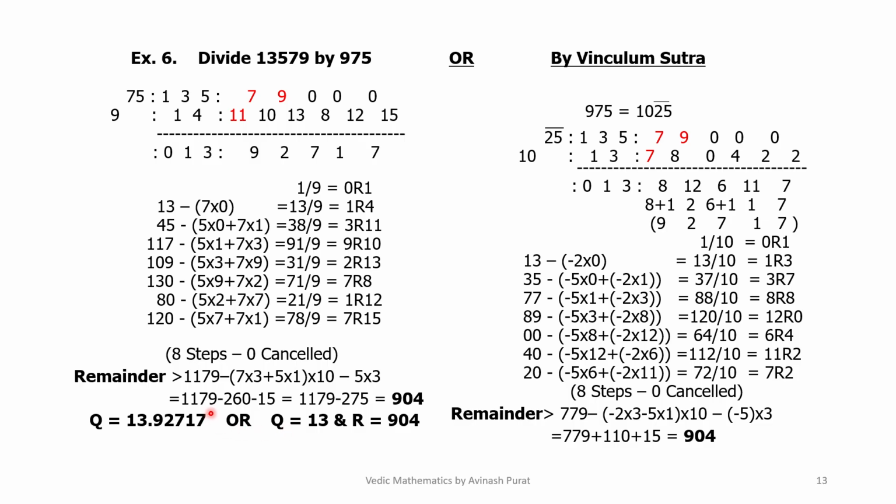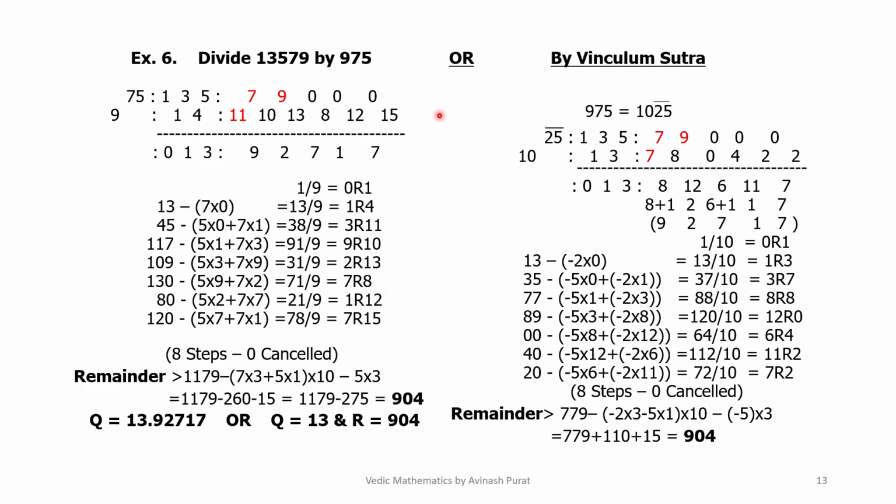So 1179 minus 260 minus 15 is 1179 minus 275, that is 904. Now quotient Q is 13 and remainder is 904.